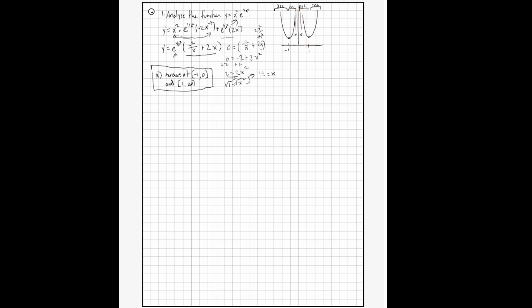So B would just be: it decreases at negative infinity to negative 1 and 0 to 1. Kind of like the opposite of part A, right?